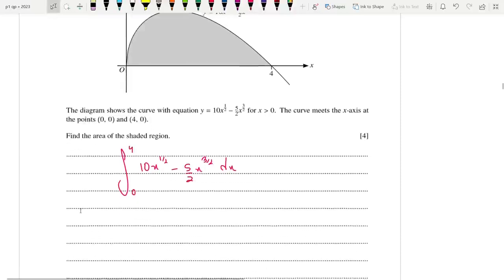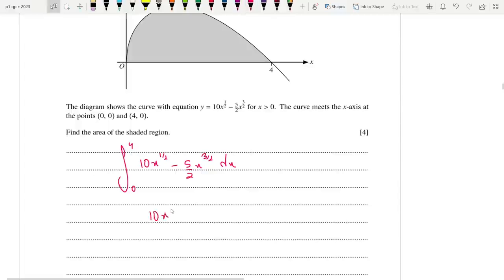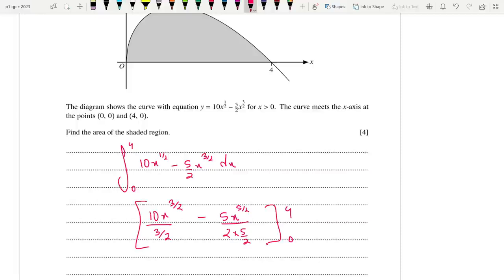Limits 4 and 0. So that is 10 x to the power 3 by 2 divided by 3 by 2, minus 5 by 2 x to the power 5 by 2 divided by 5 by 2. Why don't I write this as 5x to the power 5 by 2 divided by 2 into 5 by 2. Limits are 4, 0. I don't see why the paper was hard though.